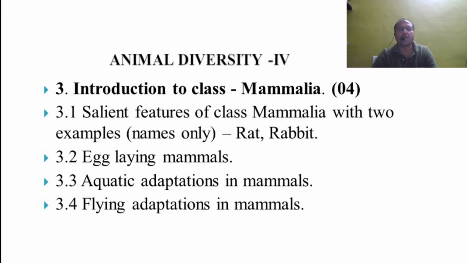Then egg laying mammals, which are also called primitive mammals, then aquatic adaptations in mammals like whales and dolphins, and flying adaptations in mammals like the bat, which shows the complete flying adaptation. So this is about the class Mammalia, and this is all about the remaining classification of the chordates.